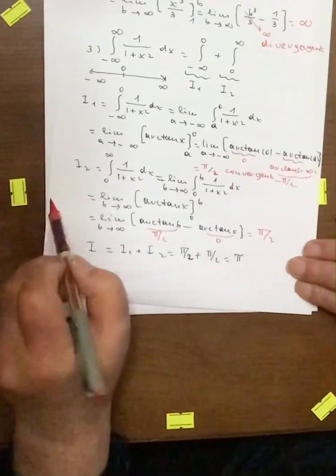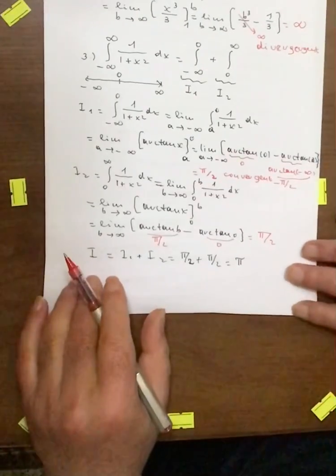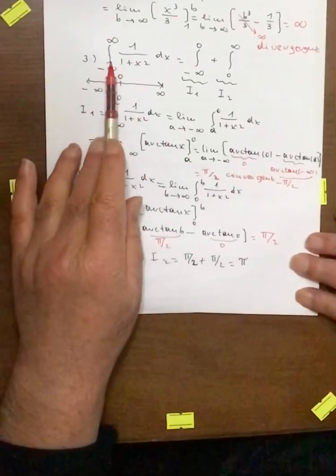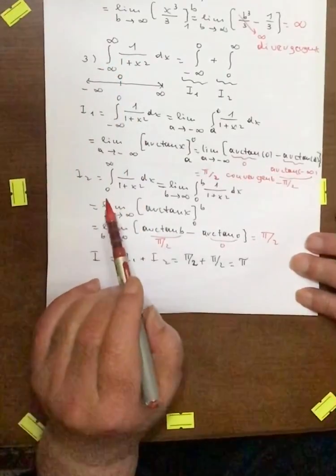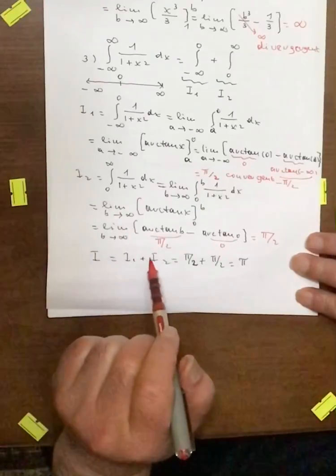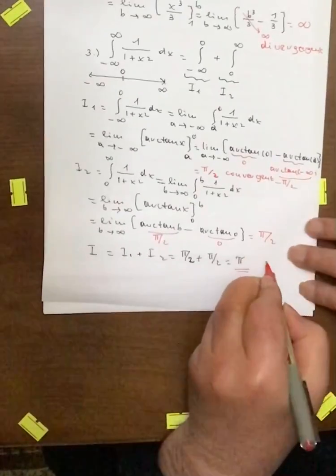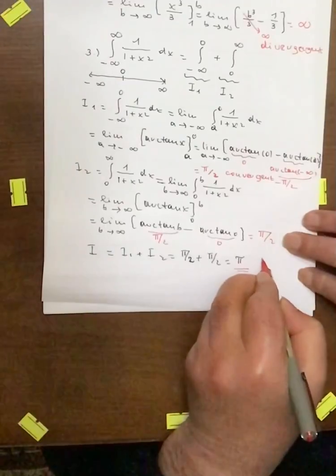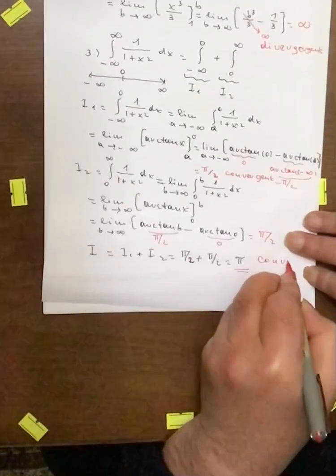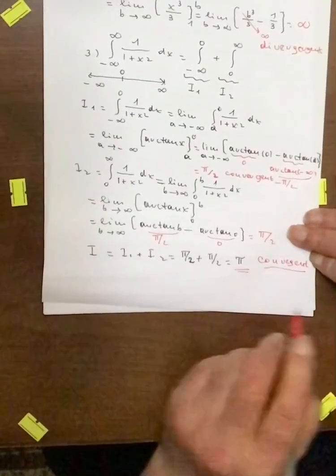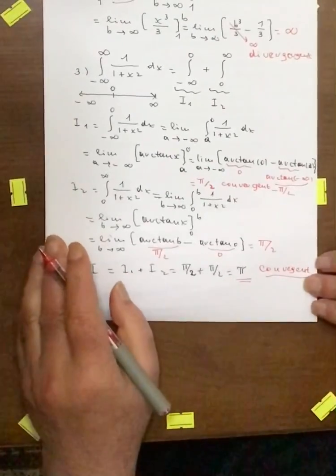We can say that our given integral is convergent and its value is pi.